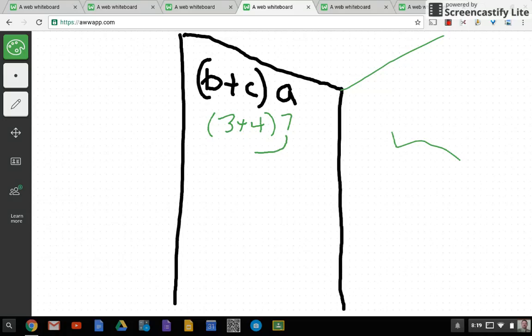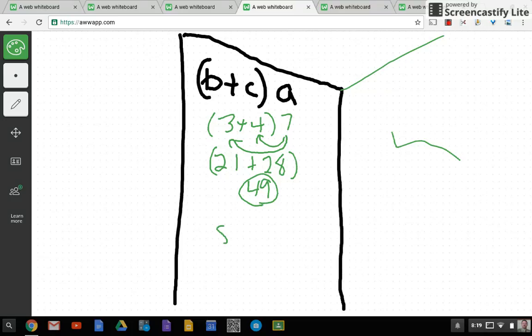I can distribute that 7 inside and get 21 plus 28 and a final answer of 49. It would be the same if I added 3 plus 4 to get 7 and multiplied it times 7. But I'm showing you the distributive property. I'm showing you can distribute it before you ever add or subtract.